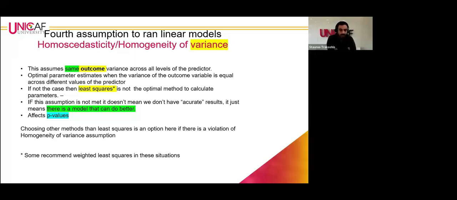But there are ways around it. For example, you can do weighted least squares instead of ordinary least squares if this assumption is violated.